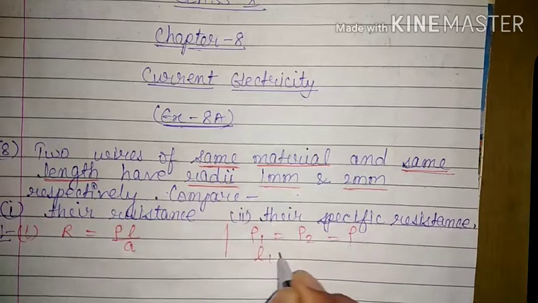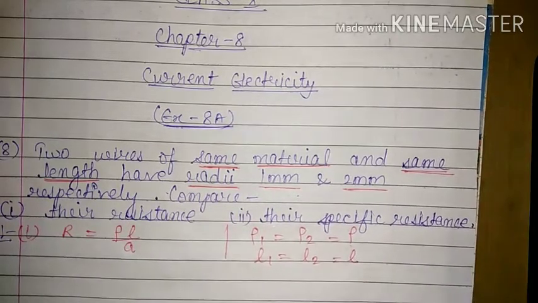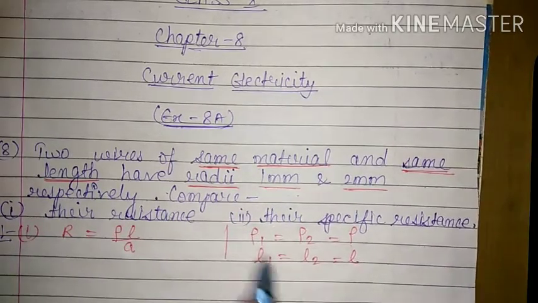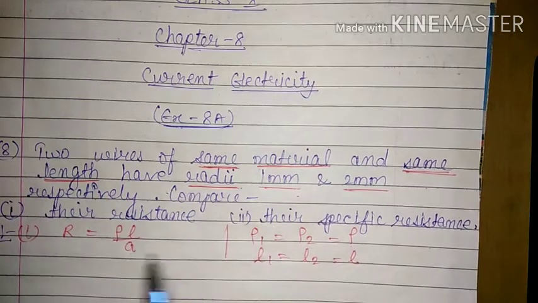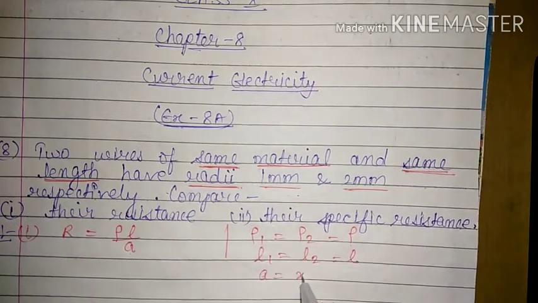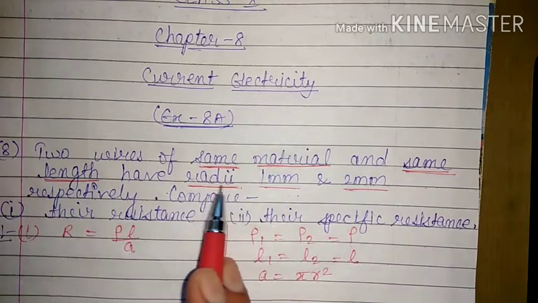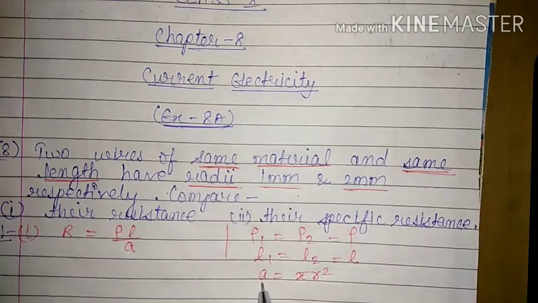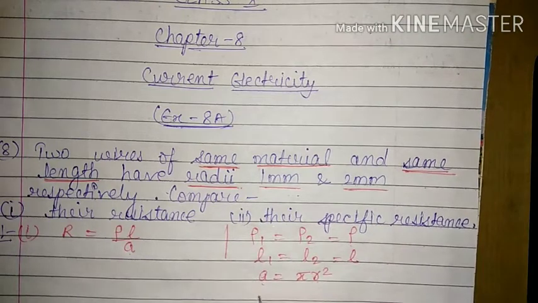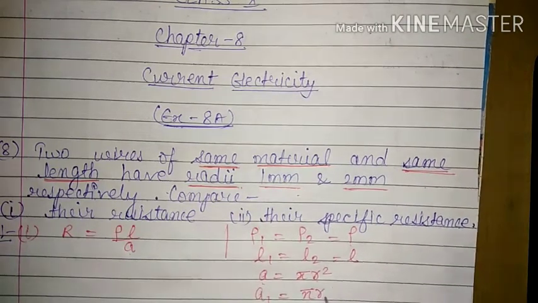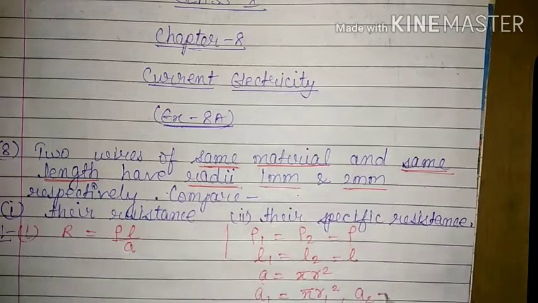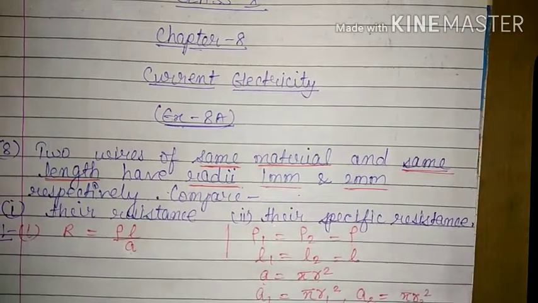It's already given that both the lengths are the same, so let it be L. Radius is changing, that means area will change, because we know that the cross section area of a wire is pi r square. So when the radius changes, the area changes. Let the first area be pi r1 square and the second area be pi r2 square.